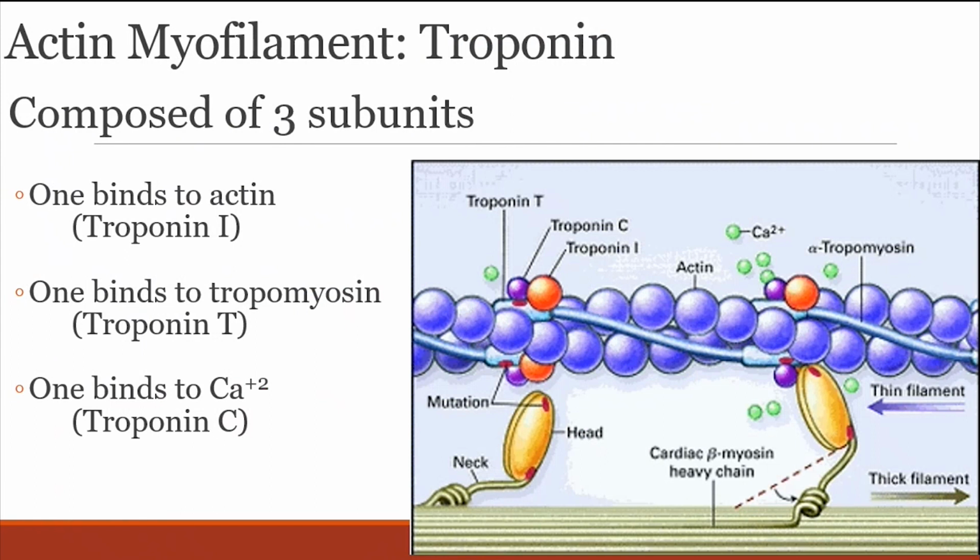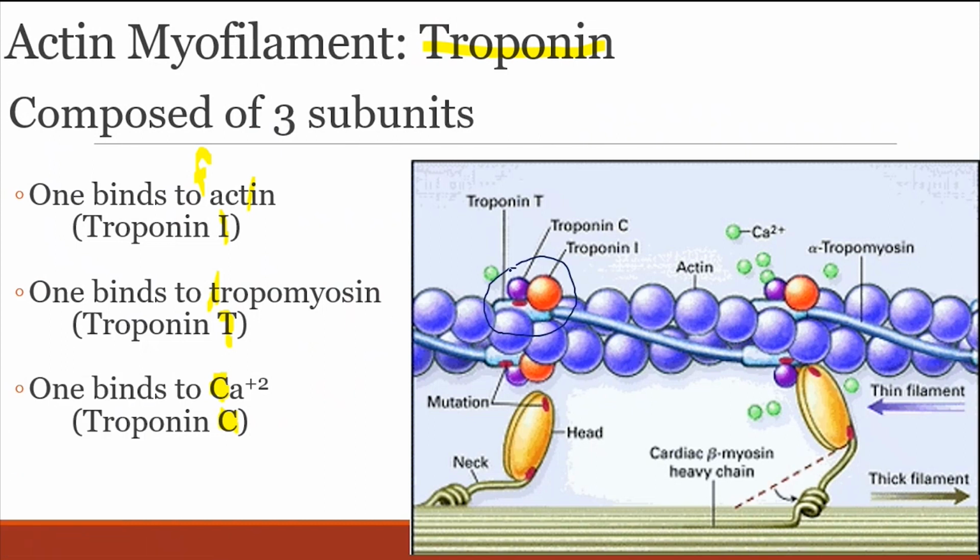So the troponin, remember, is made up of 3 parts. You've got the troponin I, which binds to the F-actin. That should be F-actin right there. You've got troponin T, which is going to bind to the tropomyosin molecule. And you've got your troponin C, which is going to bind to the calcium. So here, it's kind of hard to see in this one where that troponin complex is, but it's right here.